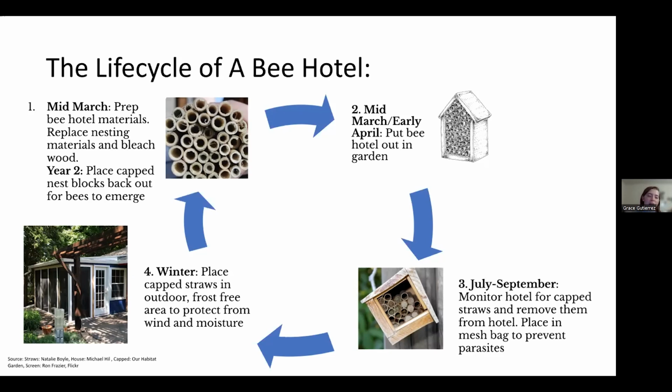I don't think it really makes a difference. But basically you want to place them out so when they're ready to emerge, they will emerge back out into your garden and pollinate your plants and be a lot of fun for you to enjoy as you look outside in the maybe cold gray month of April.